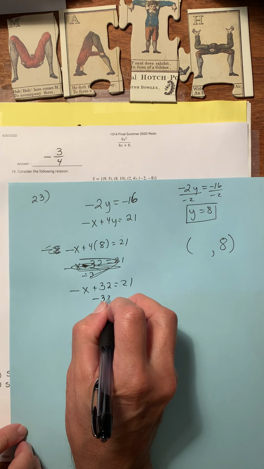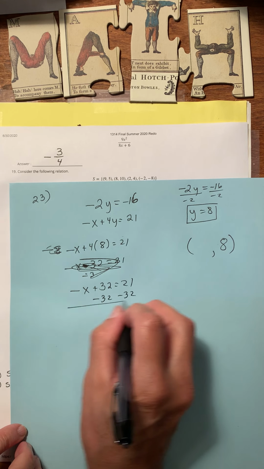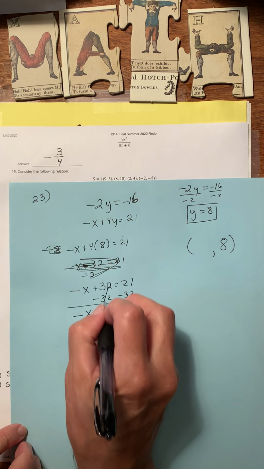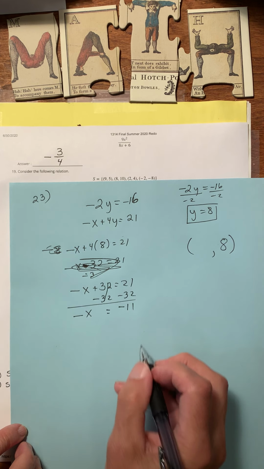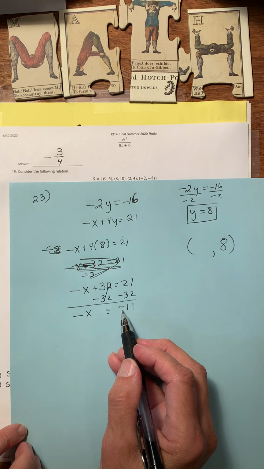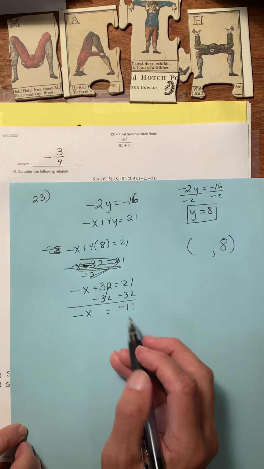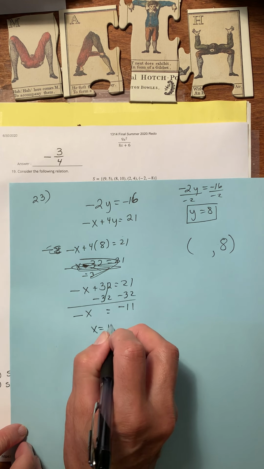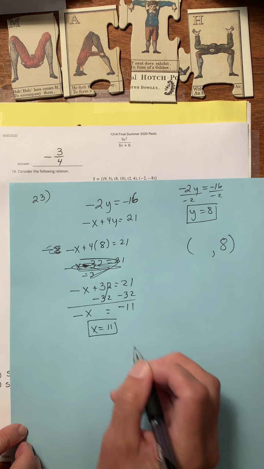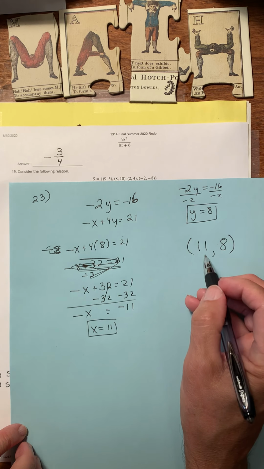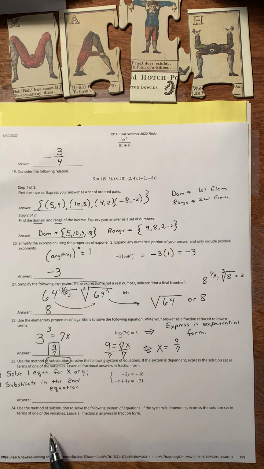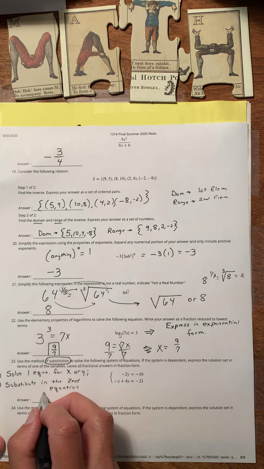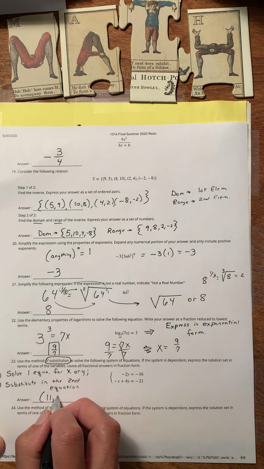Subtract 32. I get negative x is negative 11. Divide both sides by negative 1. I get x is 11. So my point is 11, 8. Is that how they asked me to express it? Answer: 11, 8.